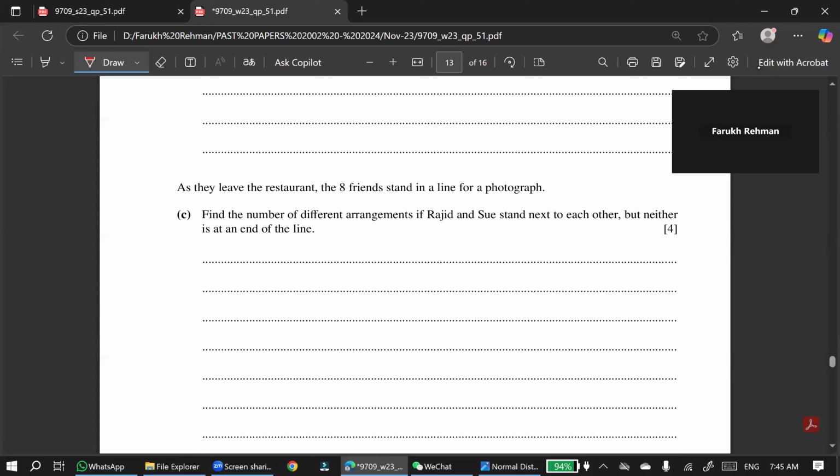But neither is at the end of the line. They will not sit in these 2 places. They will be arranged together.